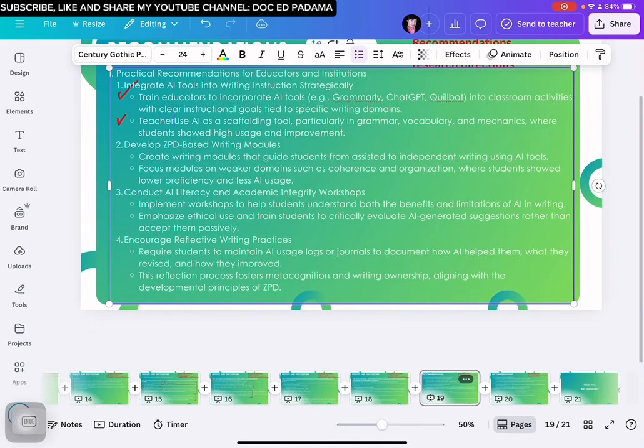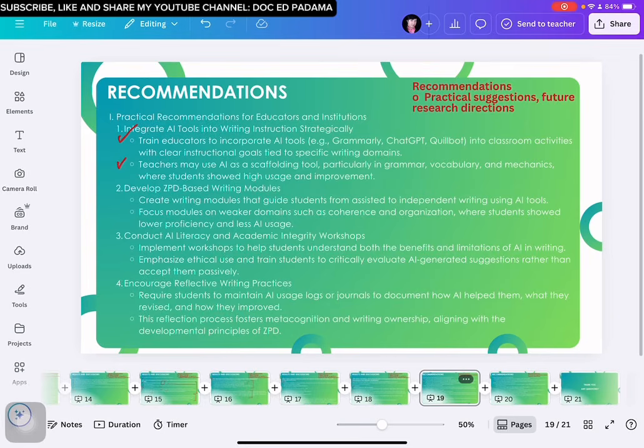So here we can use teachers may use or can use AI as a scaffolding tool, particularly. Okay, so this repairs the recommendation by identifying the point person that would implement or take charge of the action being recommended. So you can implement this in the other parts of these recommendations.